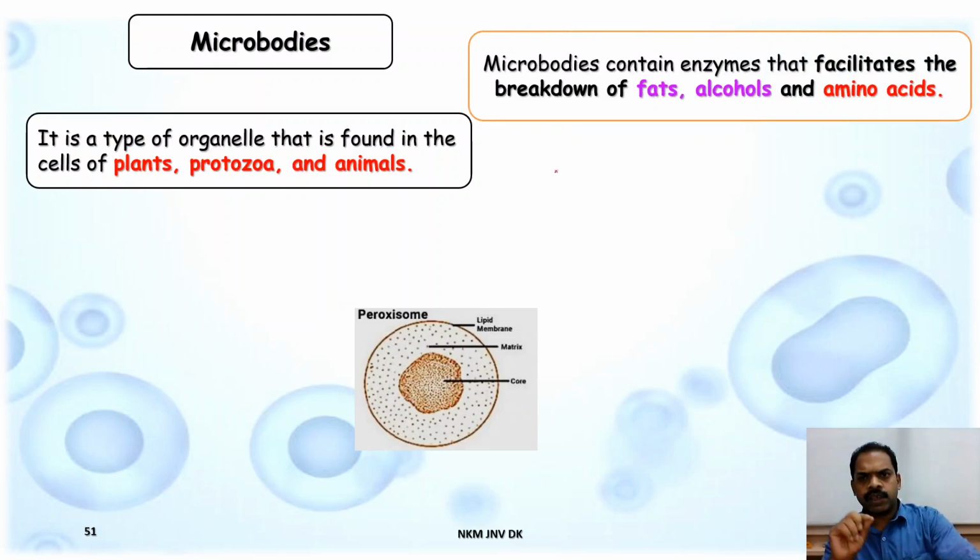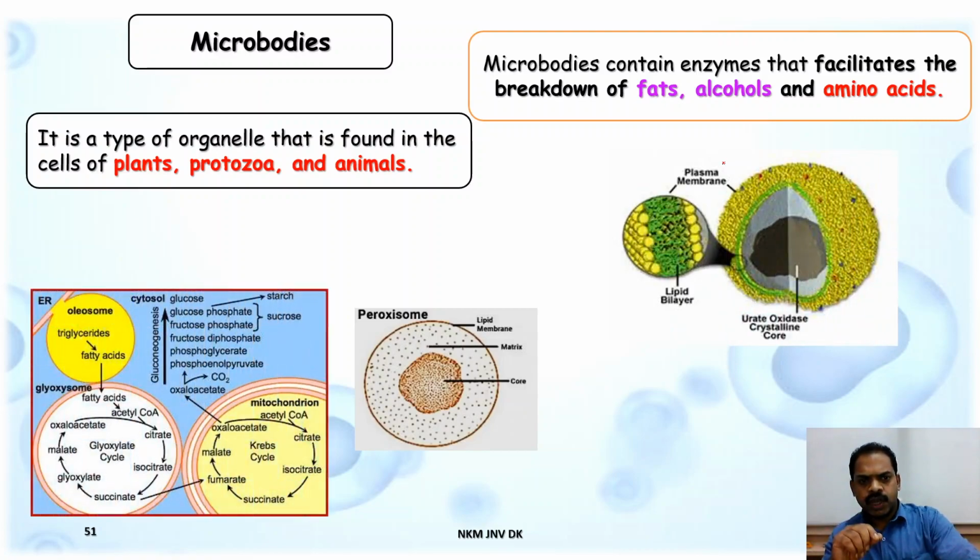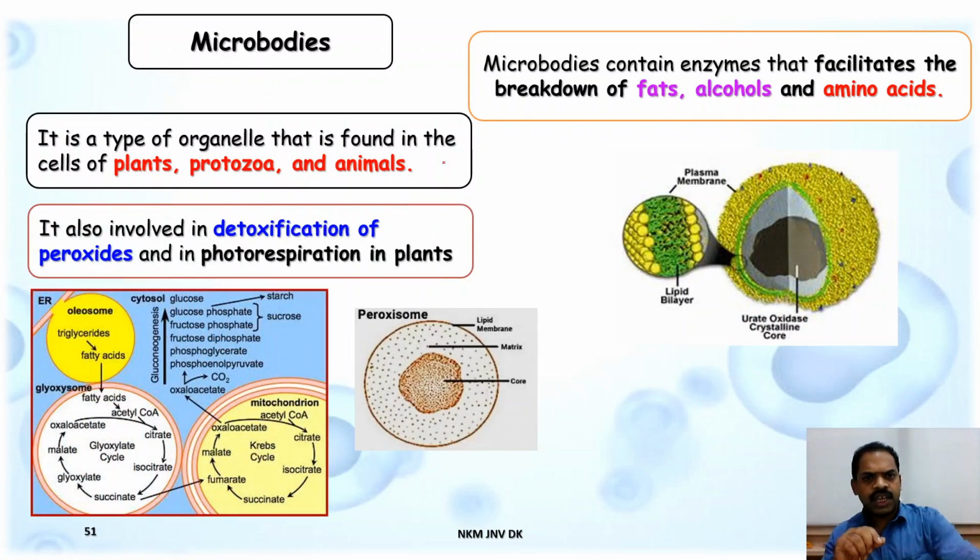They have some enzymes for the breakdown of fat, alcohols and amino acids. Why do they have to break down fat, alcohol and amino acids? Because they have special functions, like detoxification of peroxides, hydrogen peroxide you have heard about.